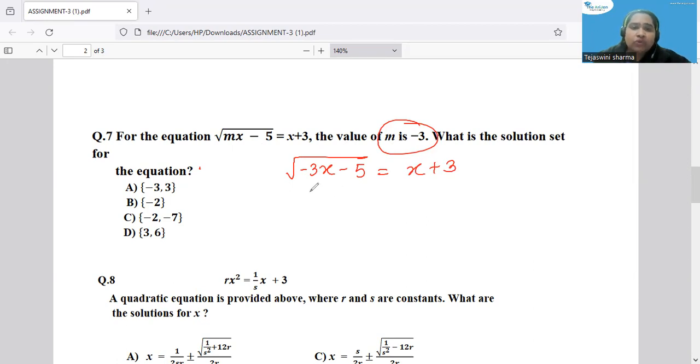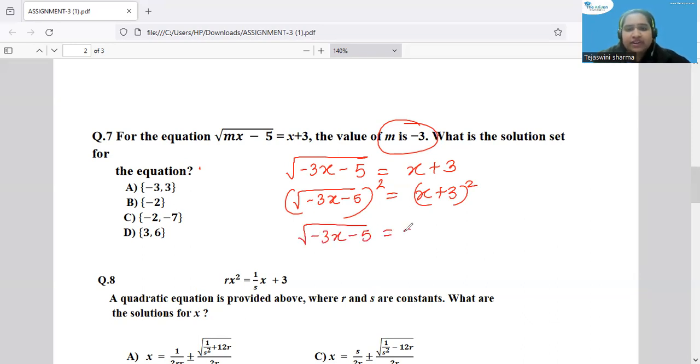So when I do so, what next can I do to make it simpler? I can square both sides. So if I do so, I will have the square of these two expressions on both sides. So this I will get simply, and this I will get as x to the power 2 plus 9, and 3 times 2 is 6x. Okay, sorry, this root will not be there.